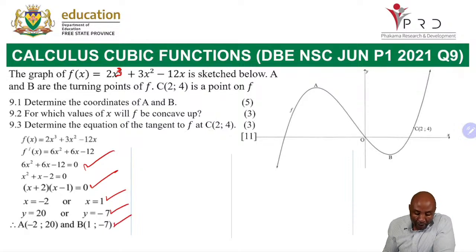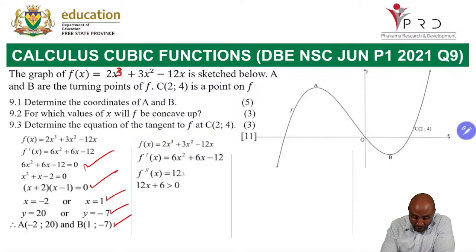For which values of x will f be concave up? So concavity, we are looking at our point of inflection, and it's easy for us to get our point of inflection. We have our x values at the turning points. We can either use negative 2 plus 1, we divide that by 2, it will give us the point of inflection, or we find the second derivative.